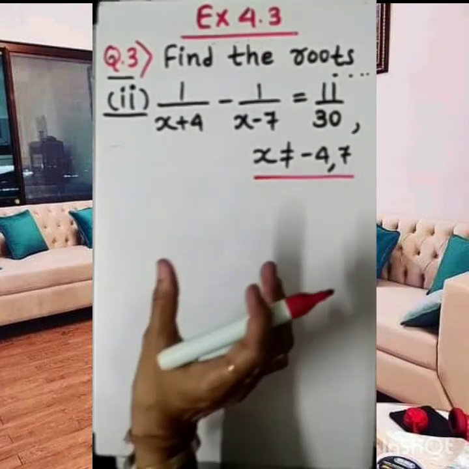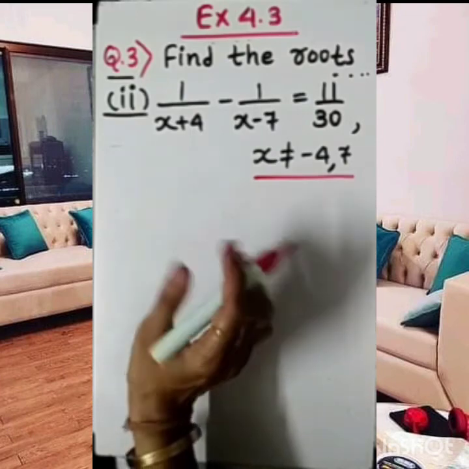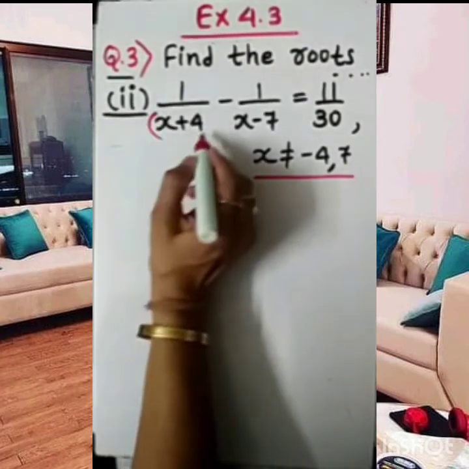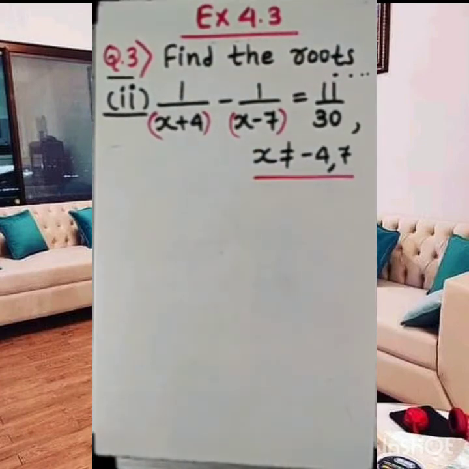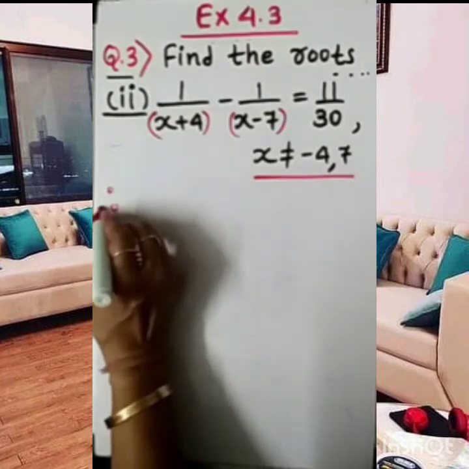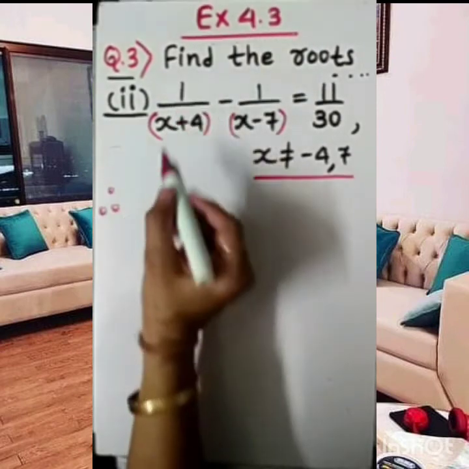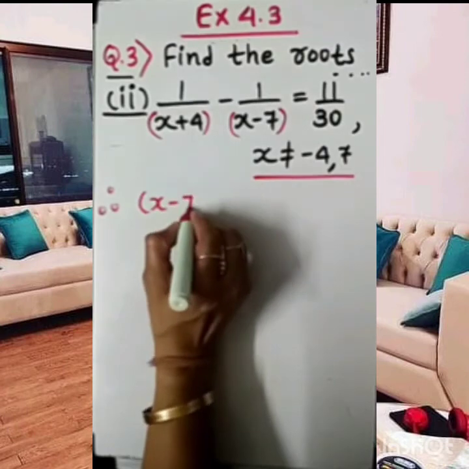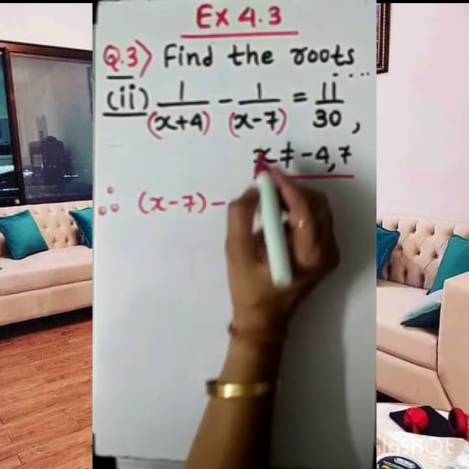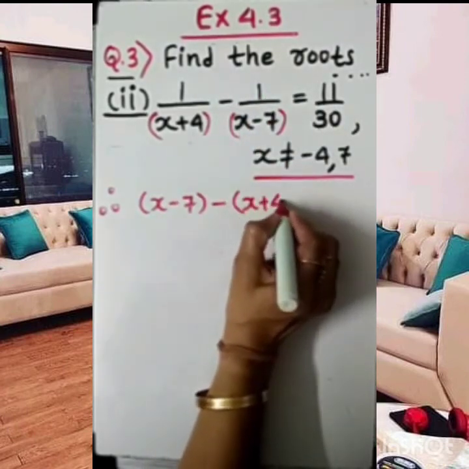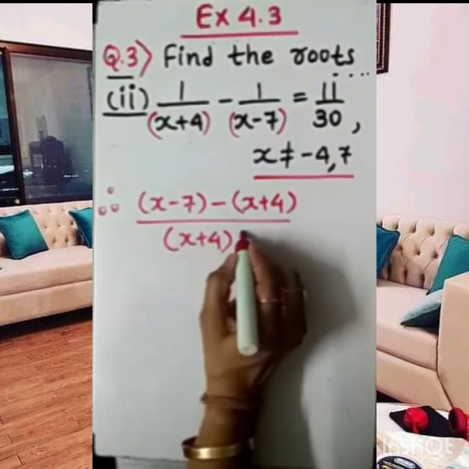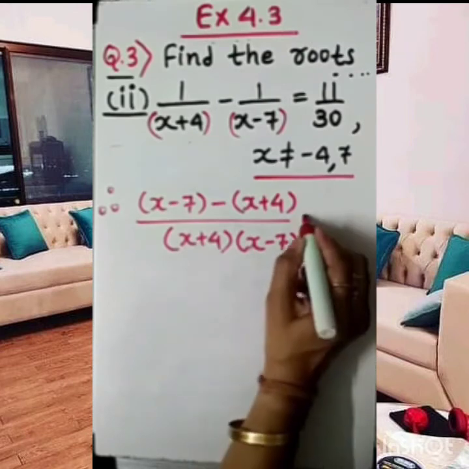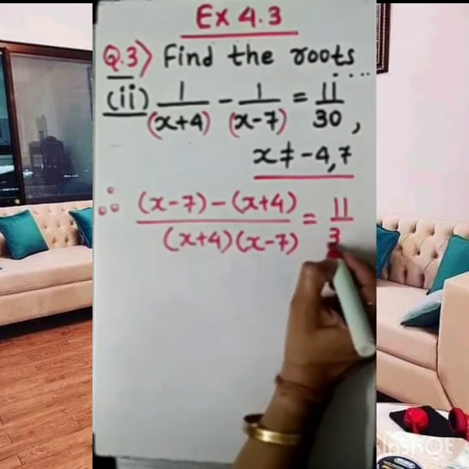Now let's work it out. Let's try to simplify it. Okay, so how to simplify? I request you to keep both of these terms in a bracket. Now let's take the LCM. In the LCM, x minus 7 will be multiplied here, and minus will be multiplied with x plus 4, and of course the LCM is x plus 4 and x minus 7, equal to 11 by 30 on the RHS.